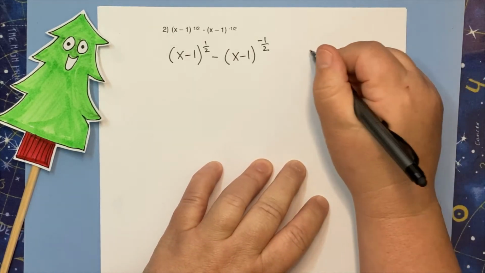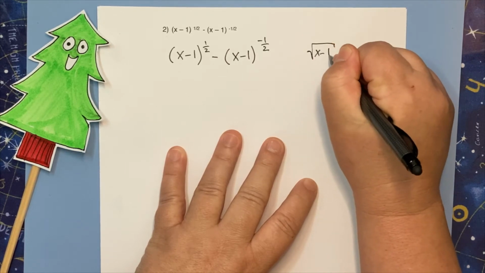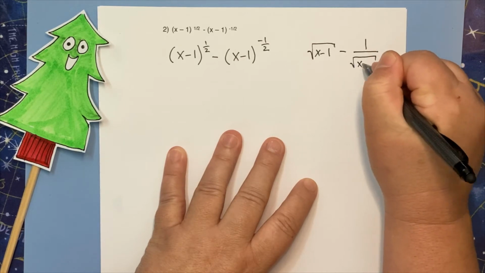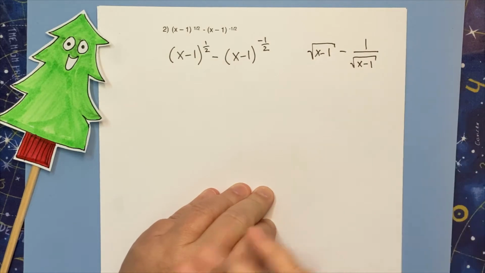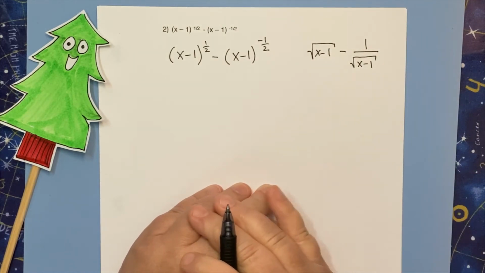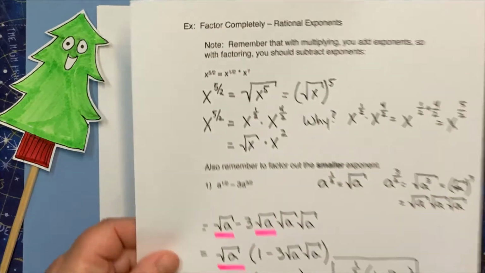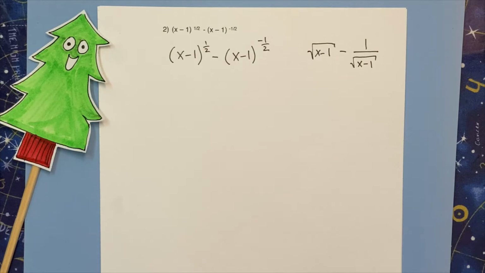This is actually saying I've got radical x minus 1 on top, and I'm subtracting radical x minus 1 in the denominator, which we aren't actually going to try to combine these. That is one possibility, but keep in mind this is a factoring situation. So we want to factor out the common factors rather than try to combine the expressions into one mega expression.